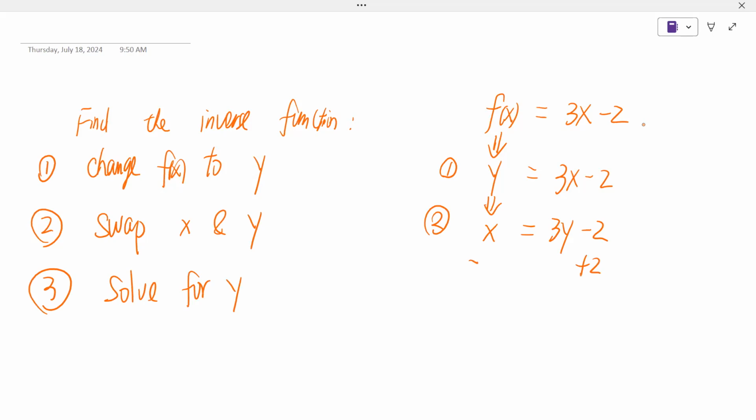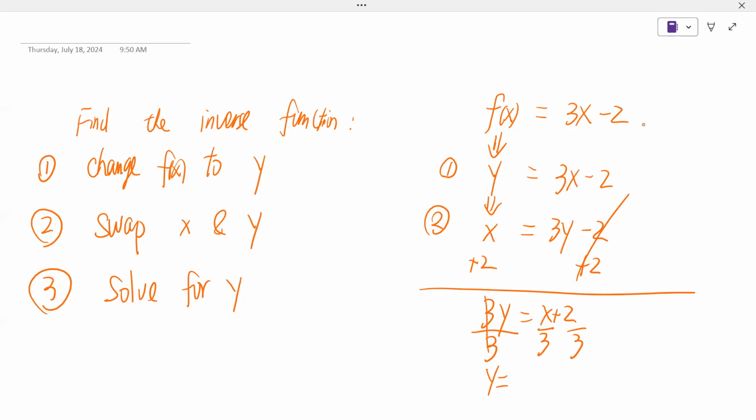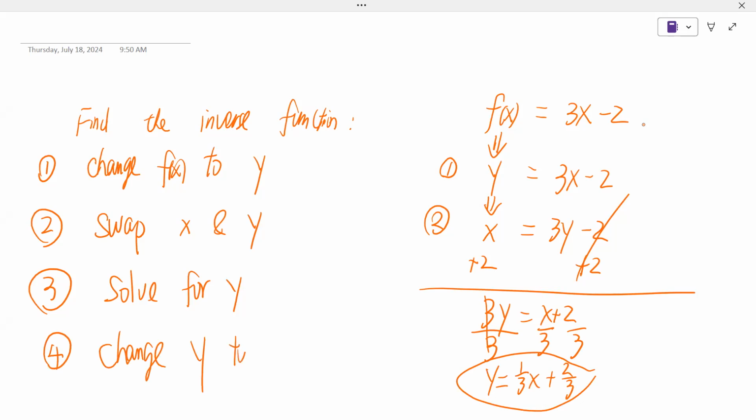So add 2 first to both sides of the equation, we get 3y equal to x plus 2. Now we're going to divide by 3 across. So we end up with the inverse function, y equal to 1/3 of x plus 2/3. And now the last step, change y to inverse notation, right?